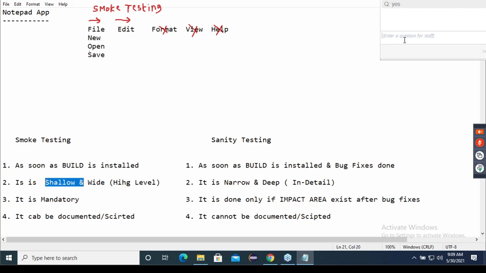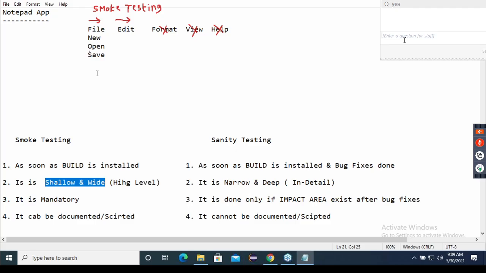Manager wants to hear this word only. Again, I'm repeating, in simple English, smoke testing is high level. Why? Because file is a module, and under file you have new, open, save as. Are you touching all the submodules in smoke testing?